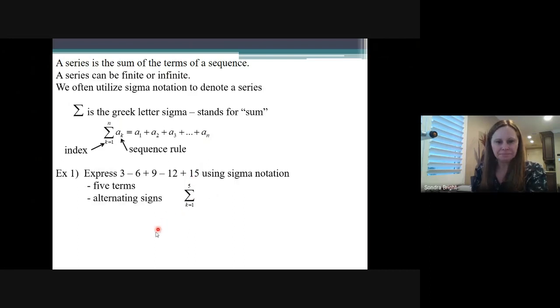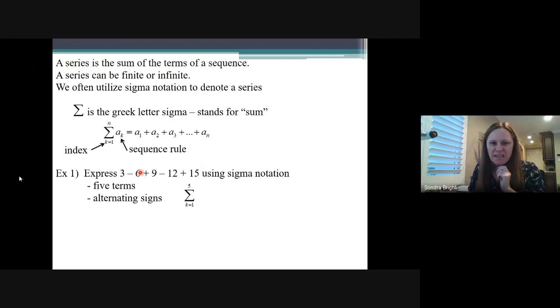And then the alternating signs: we're starting with a positive and then a negative, and then a positive and then a negative, and then a positive. How you get alternating signs is you take powers of -1. So -1 to the power of k would be, when you plug a 1 in, you'll get a -1. When you plug a 2 in, you'll get a +1. When you plug a 3 in, you'll get a -1.